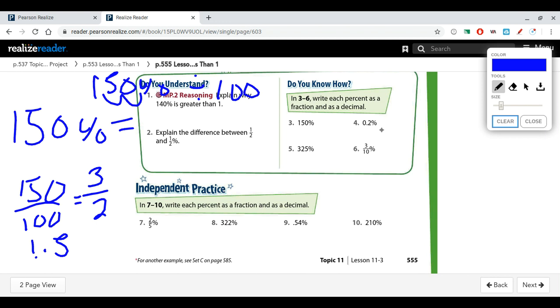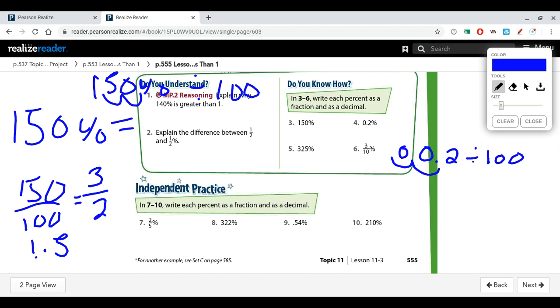2/10 of a percent. So if I take 2/10 of a percent, the first thing that I'm going to do is take the 2/10 and divide that by 100. So this one, it's going to be easier to go ahead and write it as a decimal. So I divide it by 100, which means my decimal is going to move 2 places to the left.